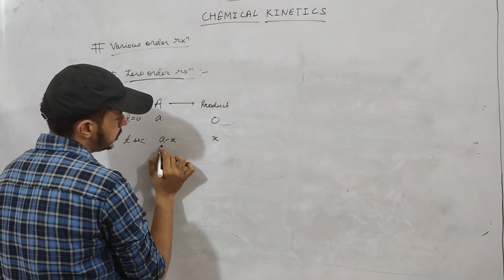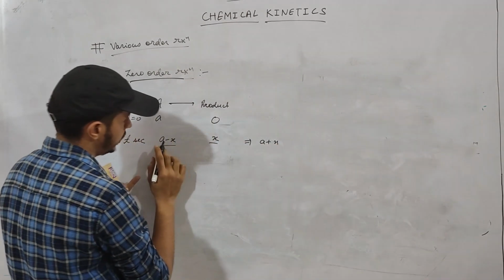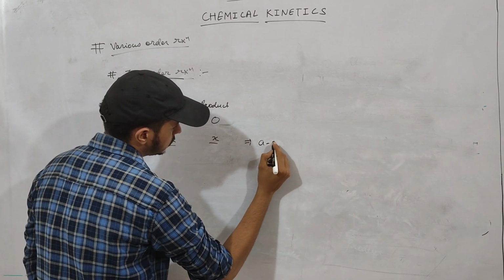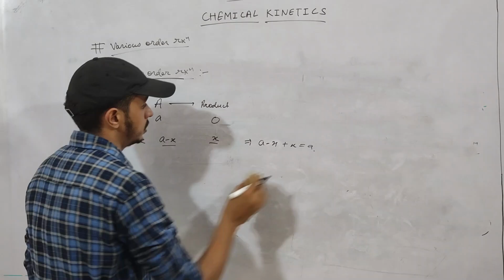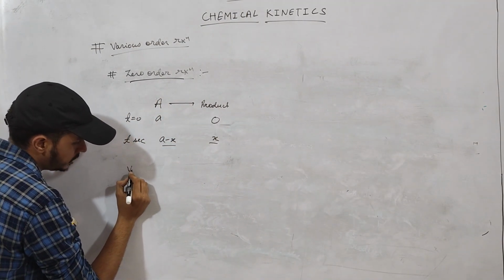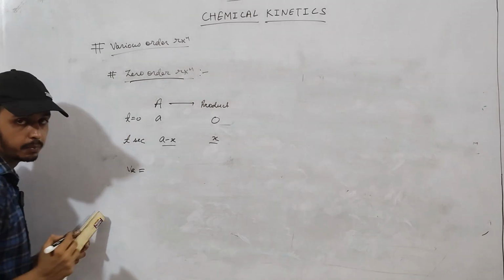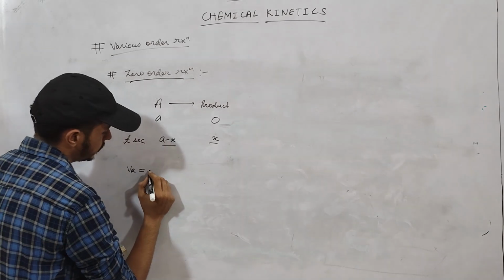So the concentration of A becomes a minus x, and when both are added, the result is a. In this, the rate of reaction, represented by VR, does not depend upon the concentration of reactant.